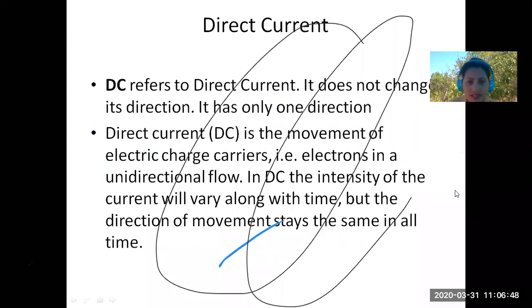You can read the slide. Direct current. So DC means direct current. Direct current is unidirectional and there is no change of direction while flowing, so it is called direct current.